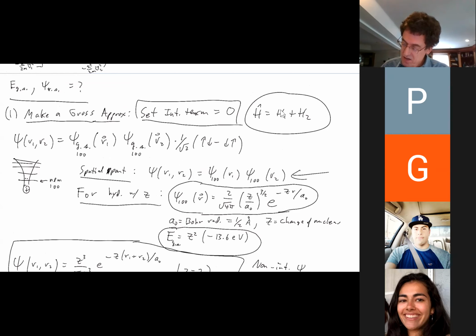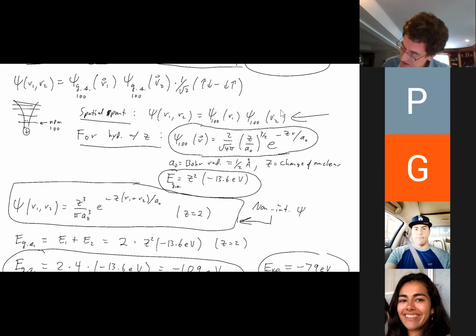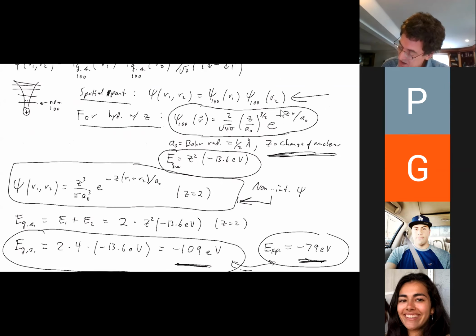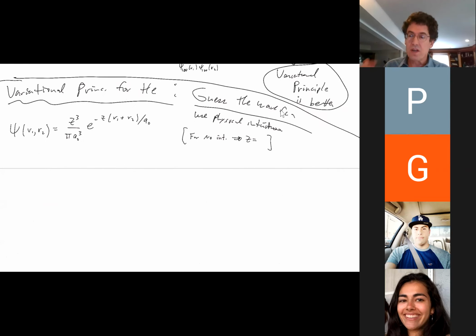No, Z is this. It's the Z here, see? Oh, yeah. That's Z. So Z is the charge of the nucleus. So what is Z for the normal case? Yes, exactly. Because it's helium, it's 2.